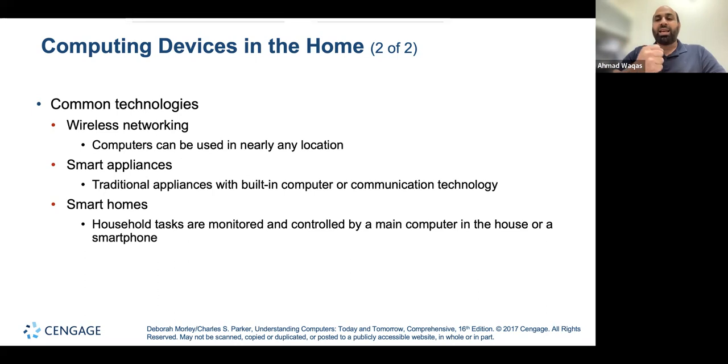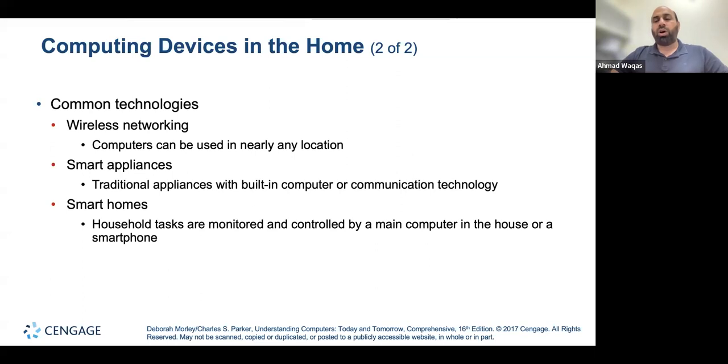Anything that can be controlled or accessed over the internet is smart. And nowadays we are moving towards smart homes, where all the appliances are controlled over the internet through your mobile phone or mobile apps.